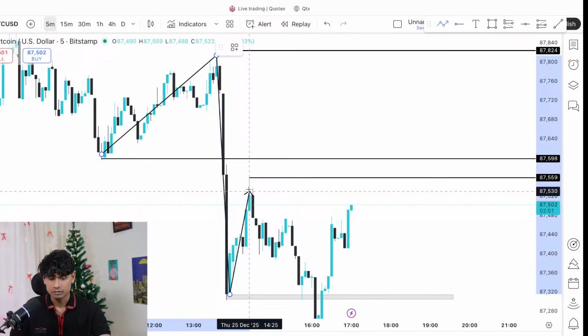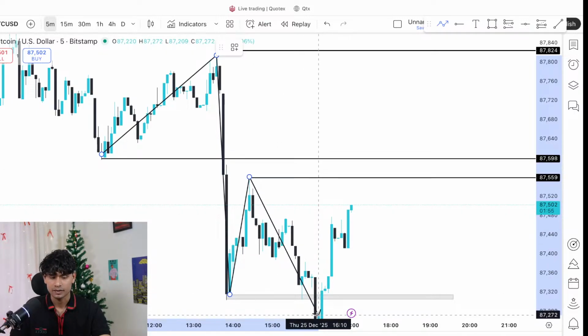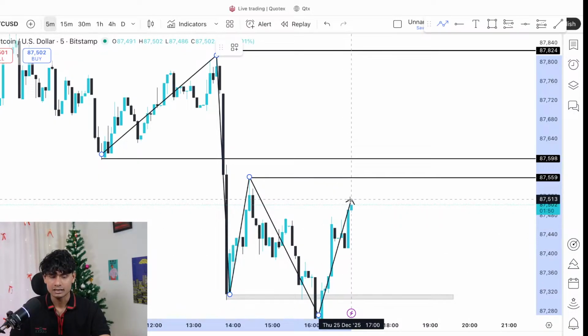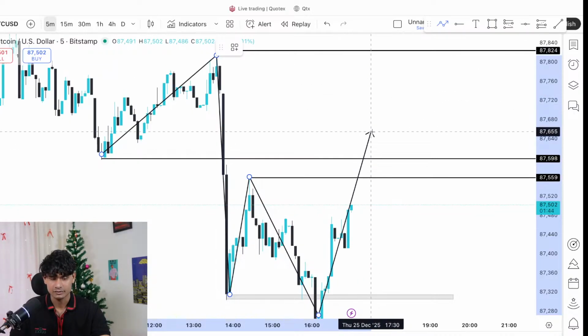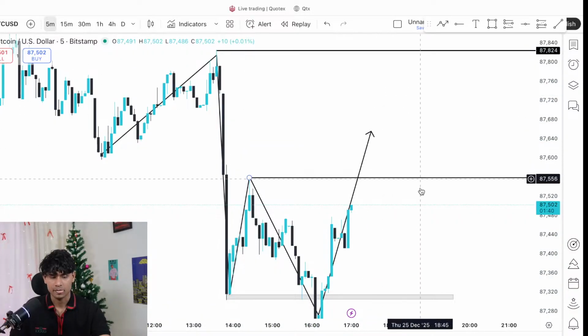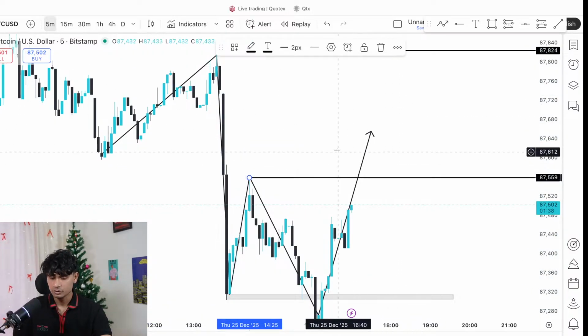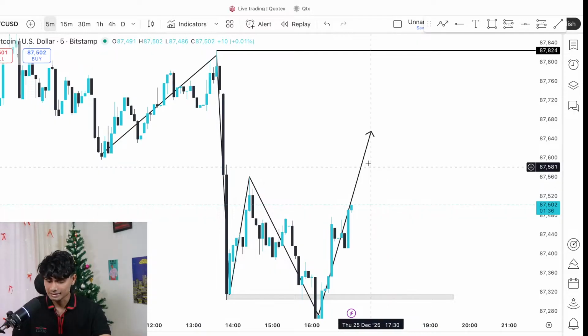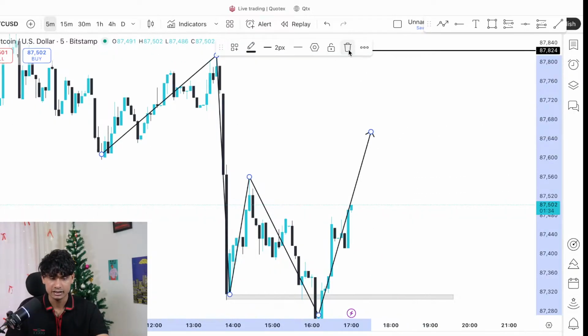From here it was supposed to go to this level, but it directly came down, took all the liquidity here, and is now going up. This move is nice, but I am pretty sure it will go to this level or this level. So we definitely have an opportunity for a buy side.